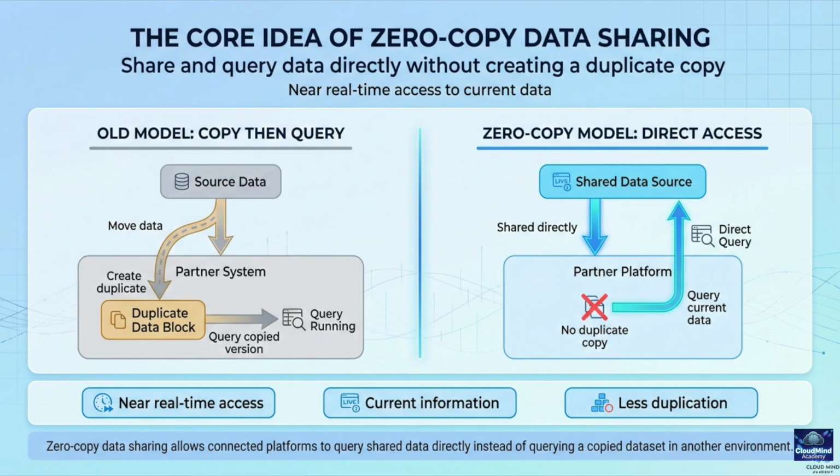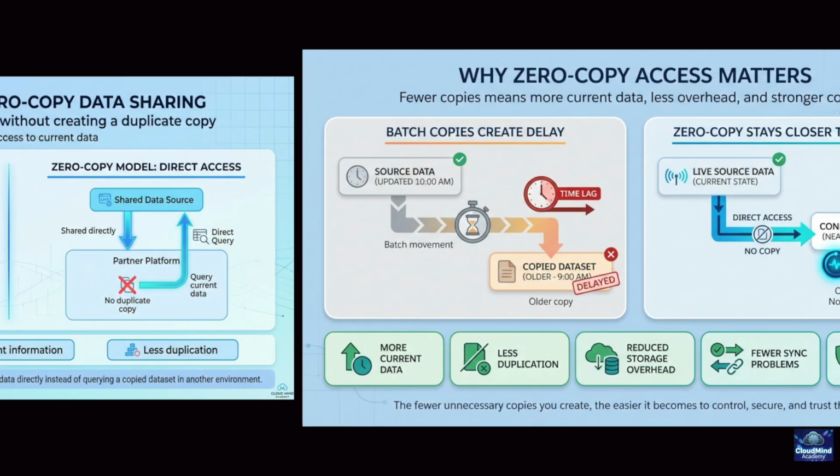Now, let's simplify the core idea. Zero-copy data sharing means data can be shared and queried directly without loading it into a partner ecosystem as a duplicate copy. That is the big idea. Instead of copying the data somewhere else and then querying the copied version, the connected platform can access the shared data more directly. Because of that, organizations get near real-time access to current information.